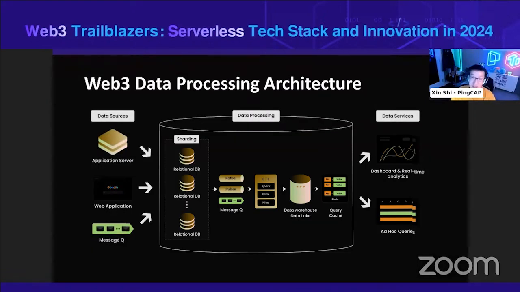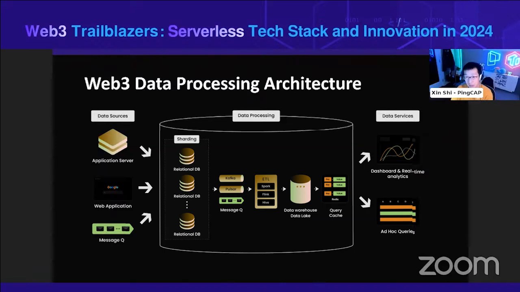So next, another typical scenario in Web3 is data processing architecture. Usually, in a lot of Web3 applications, you have multiple data sources. You are building a web application, a smartphone application. You have a message queue. So with the sharded relational database, you have to handle that.